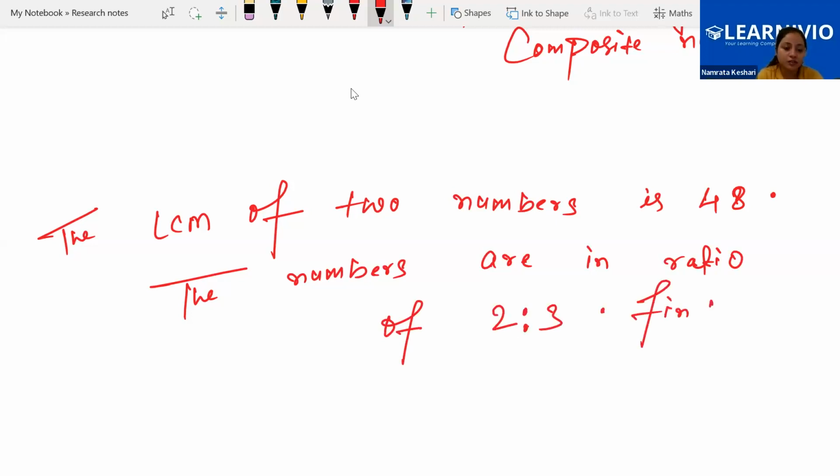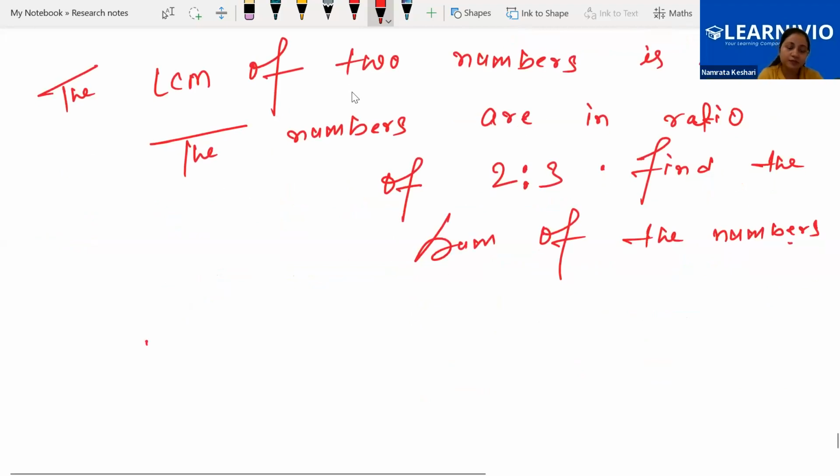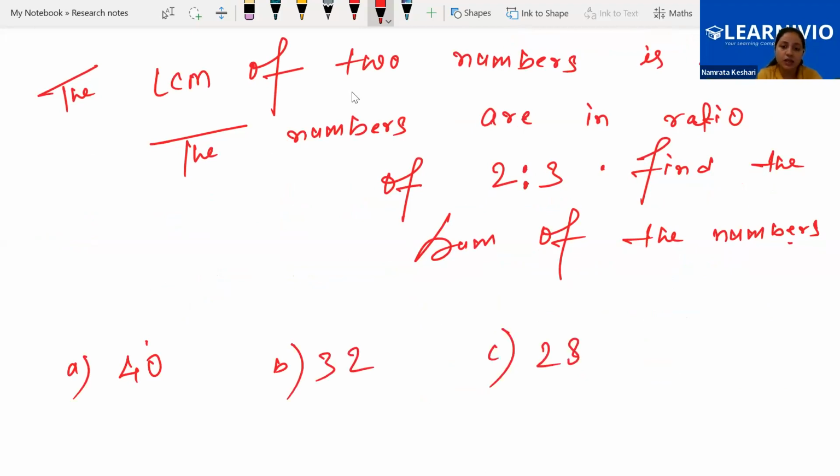Find the sum of the numbers. Options are also there. Option A 40, B 32, C 28 and D 64.